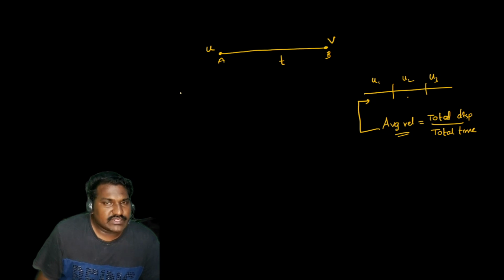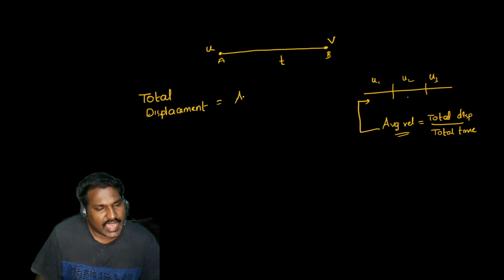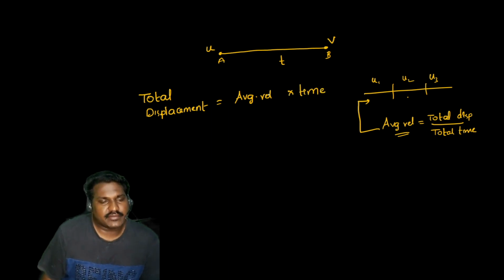We need to write the equation for S, and S means displacement. So total displacement is equal to average velocity into time.